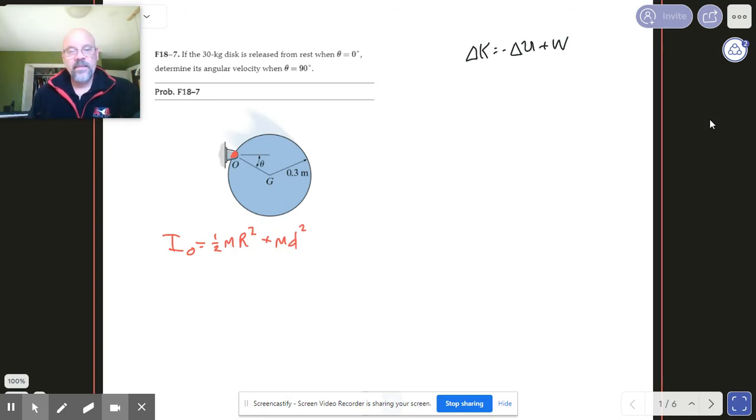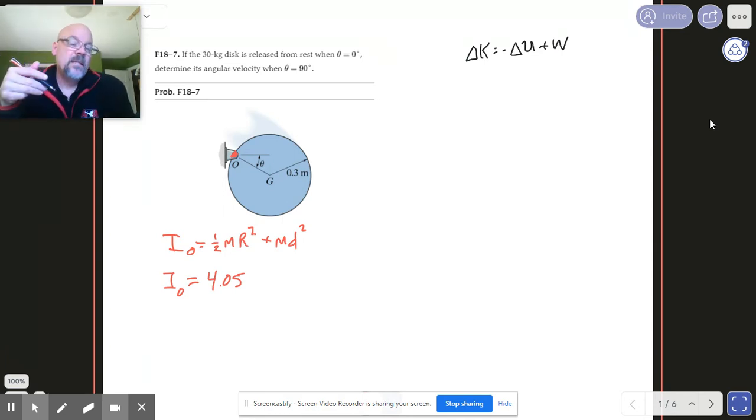This is another case where r is d, so it turns out to be 3/5 mr squared. When you run the numbers, your moment of inertia is going to be 4.05. I'm going to go a little faster on some of those details because by now you've got the hang of it, so make sure you go through that with your own numbers.